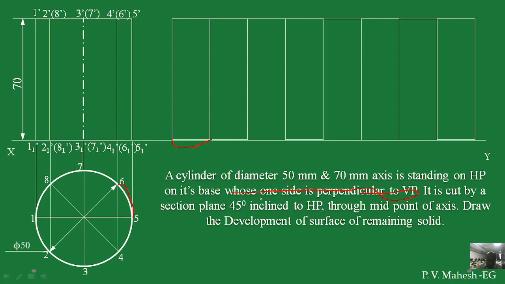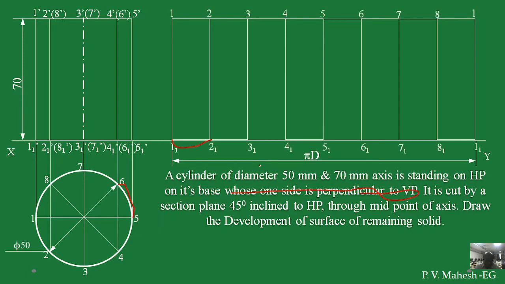And what is the total length? It is equal to pi d. Now I can give the numberings 1 2 3 4 5 6 7 8 1, and here 1' 2' 3' 4' 5' 6' 7' 8' 1'. Like that the numbering is given. So this is the development without any section plane.